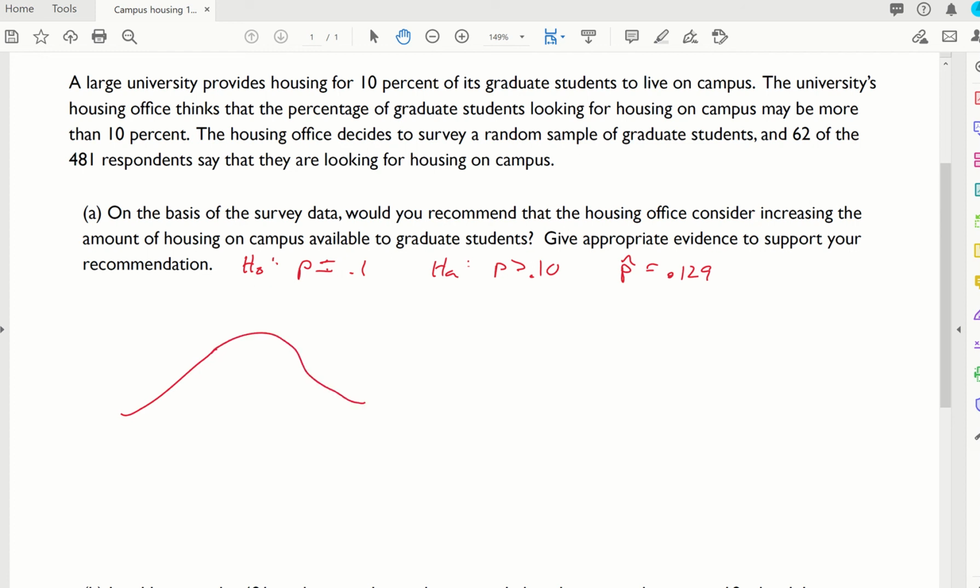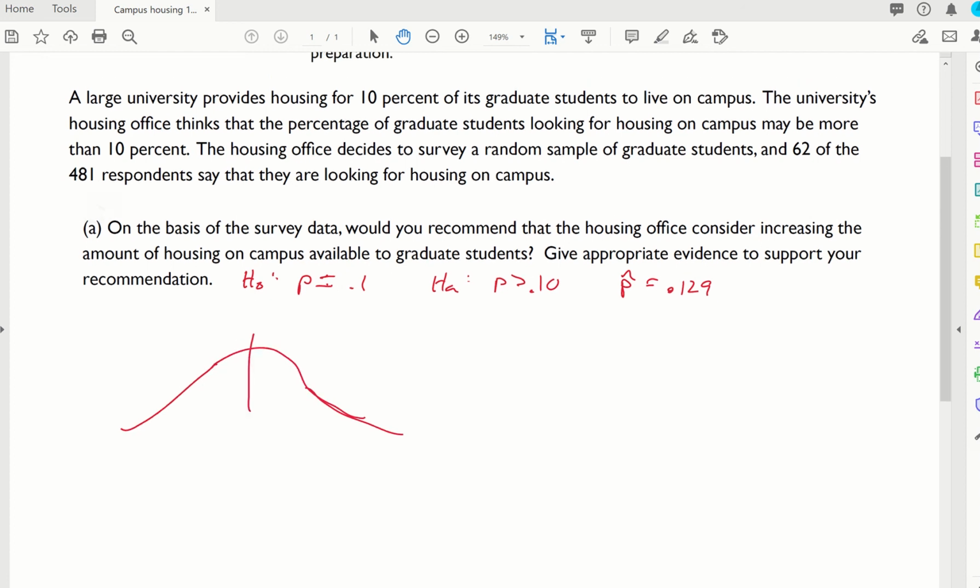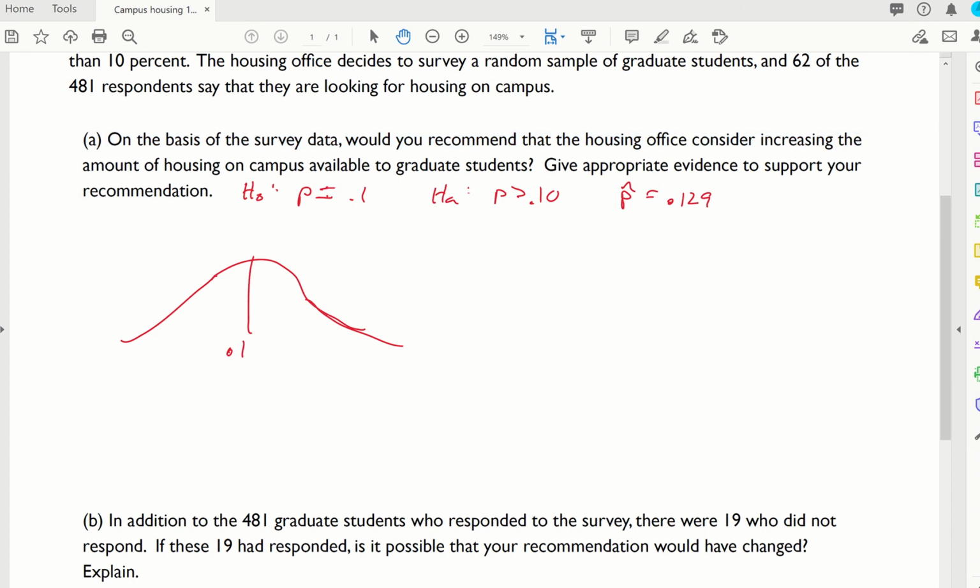So if the null is true, we get 0.1 at the center. The standard deviation of p-hat is the square root of 0.1 times 0.9 over the sample size of 481. I get a standard deviation of 0.014.